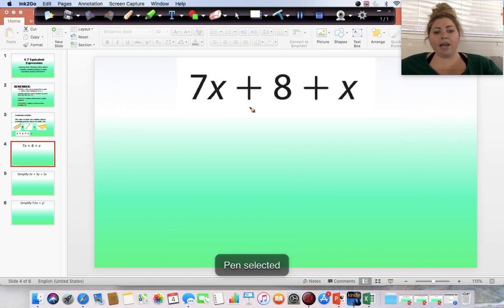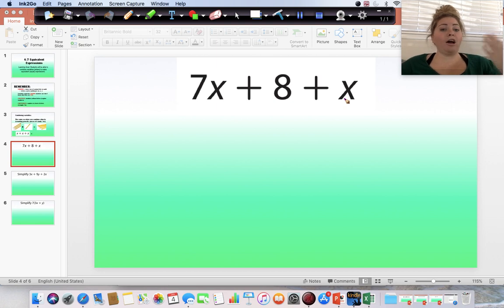Okay, we've got 7x plus 8 plus x. Remember I said in a previous video, you cannot add variables to numbers without variables. You cannot add variables and coefficients with constants. They don't go together. You can add a variable to another variable, as long as they're the same variable, but you cannot add variables and constants.